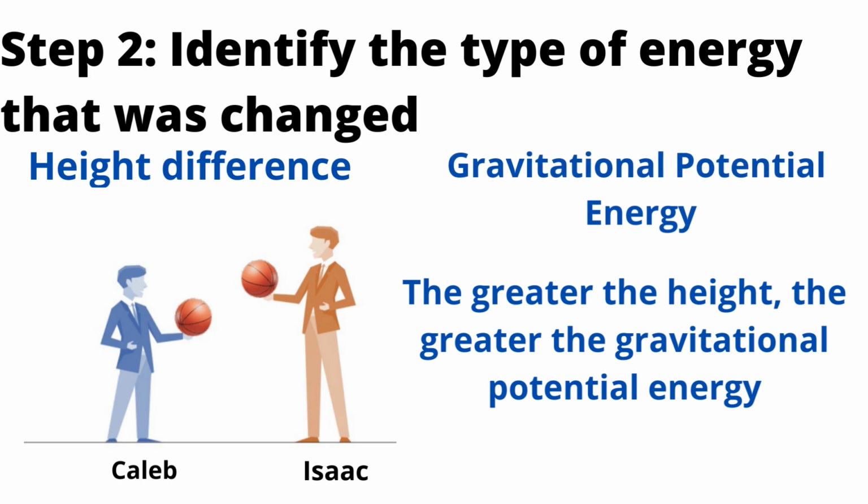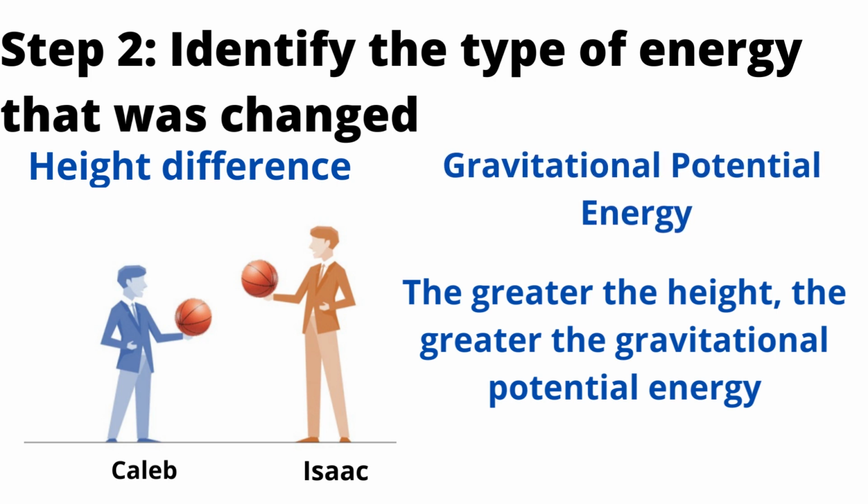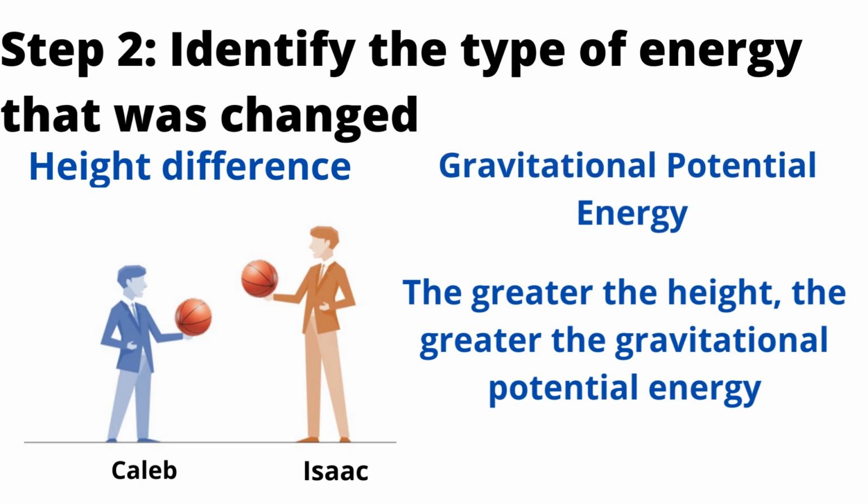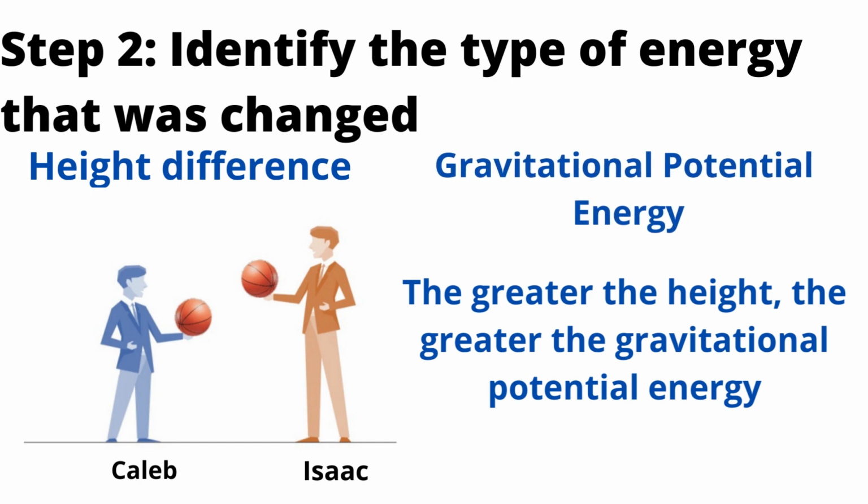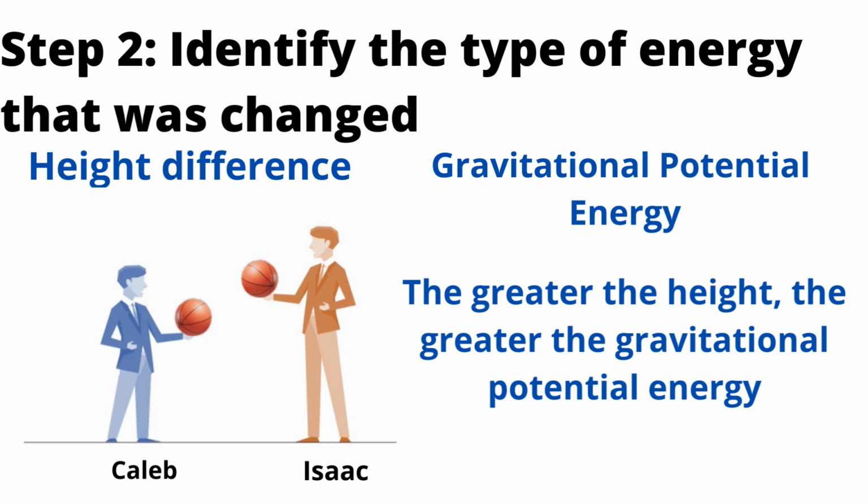Isaac is taller than Caleb, so there's a height difference. The height difference will affect gravitational potential energy. The relationship is: the greater the height, the greater the gravitational potential energy. So establish that fact first.